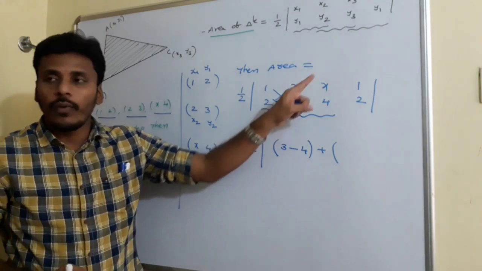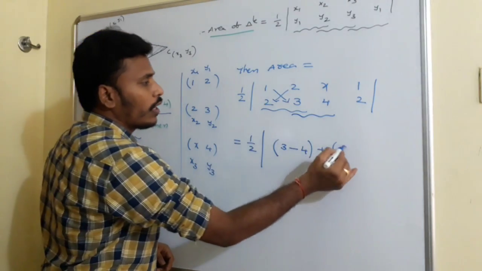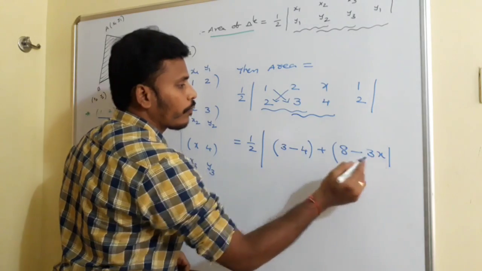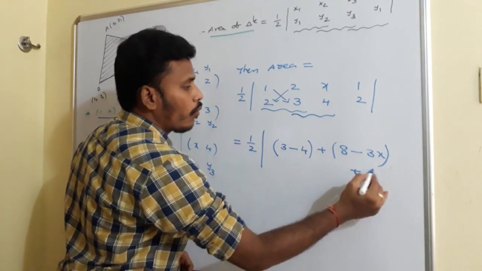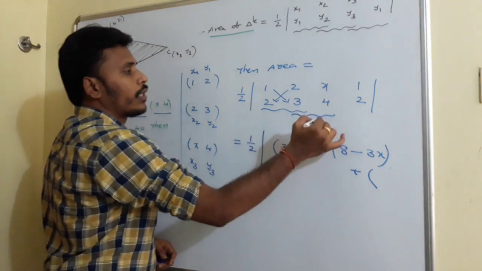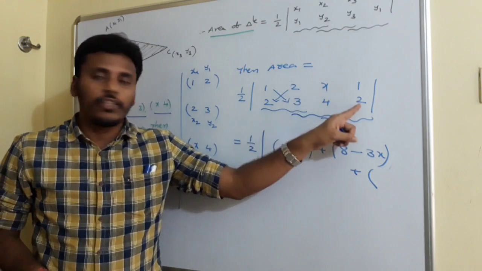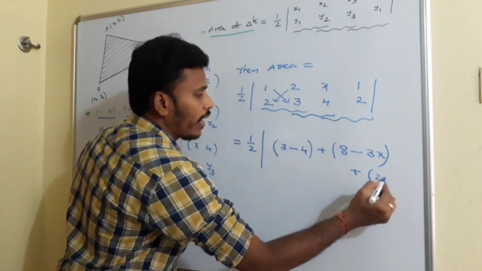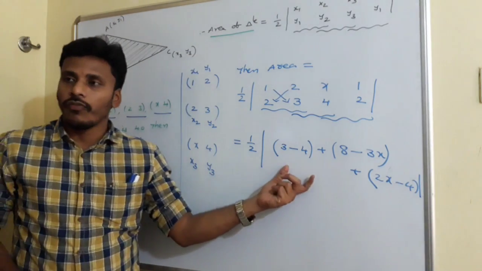See, this is 2 3, whereas this is x 4. If you do cross multiplication, 2 into 4 is 8 minus 3 into x is 3x. Plus, I have one more block of numbers. Multiply these two as 2x and multiply these two as 4 into 1. So it becomes 2x minus 4. So this is the area of the triangle.